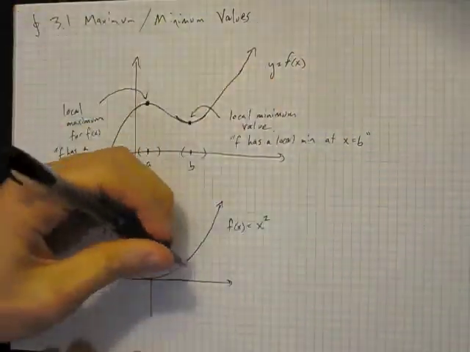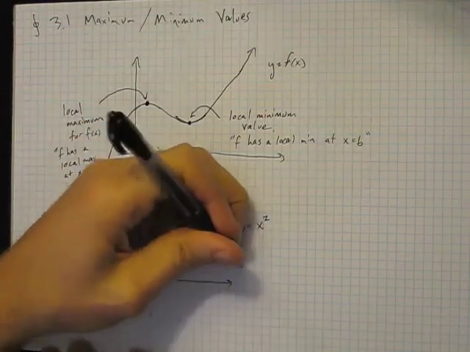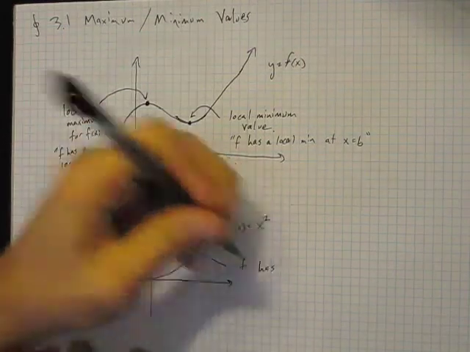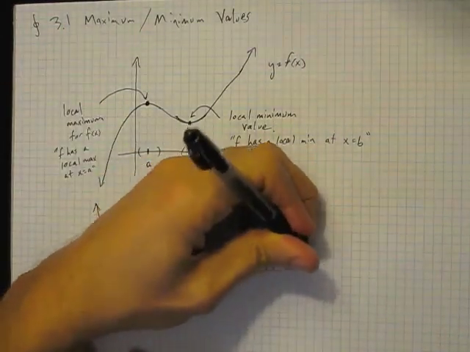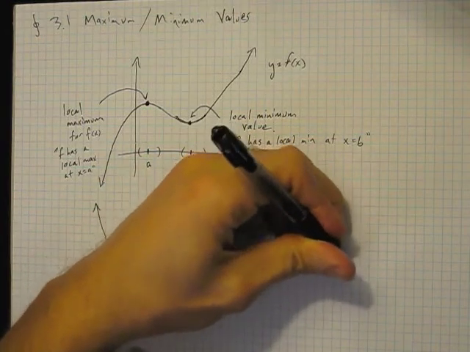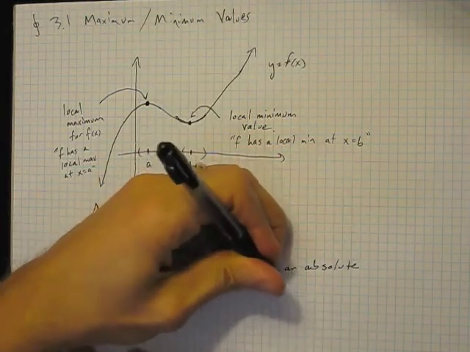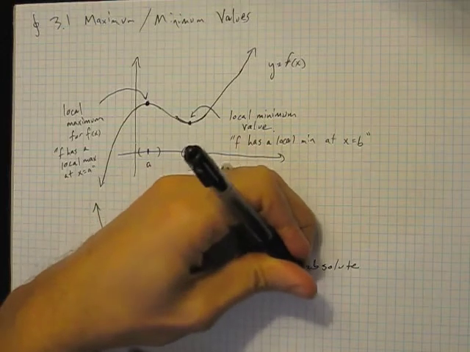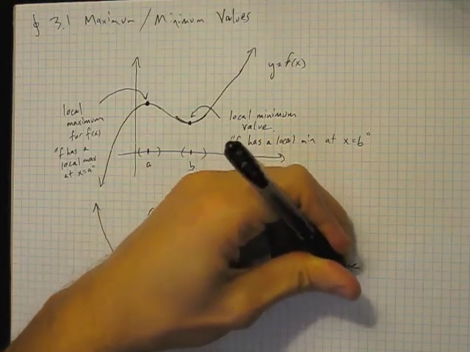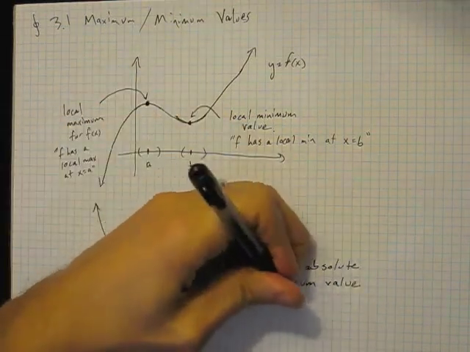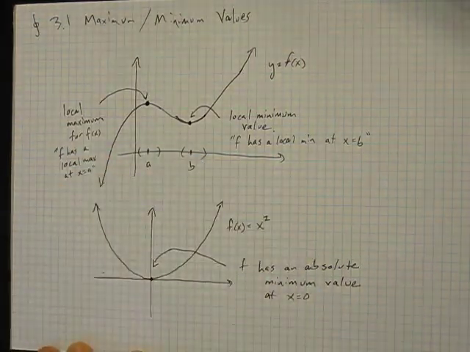So we would say that f has an absolute minimum value at x equals 0.